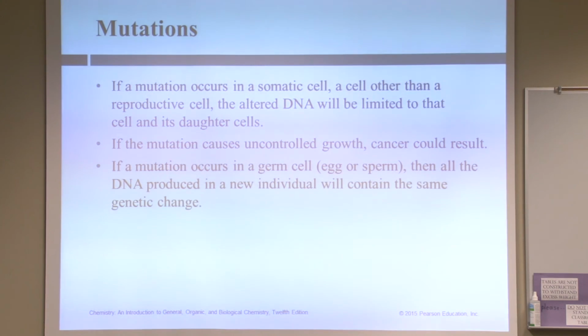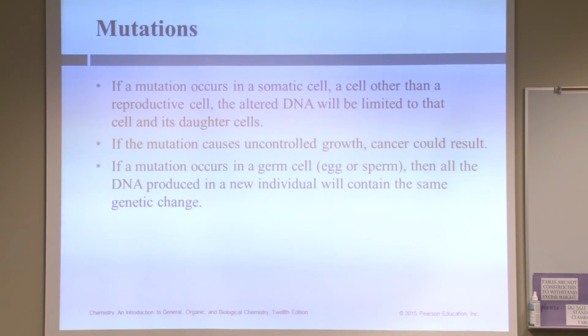So if a mutation or change in the DNA nucleotide sequence occurs in a somatic cell, somatic cells are cells other than reproductive cells. Reproductive cells are called germ cells. So if a mutation occurs in a somatic cell, the altered DNA will be limited to that cell and its daughter cells.